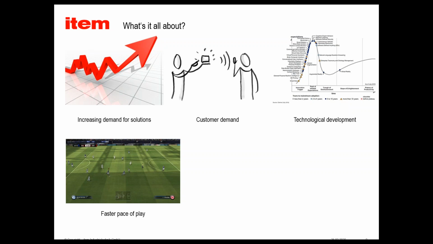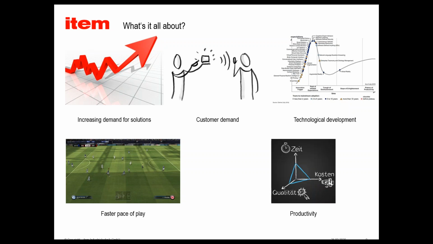And if we put all these topics together, we come to the next point, and that's productivity. And that's in the end the main reason why we believe that the item engineering tool, or the whole product family of the online tools, is a useful benefit for all of you which are listening now to our webinar here at this point.